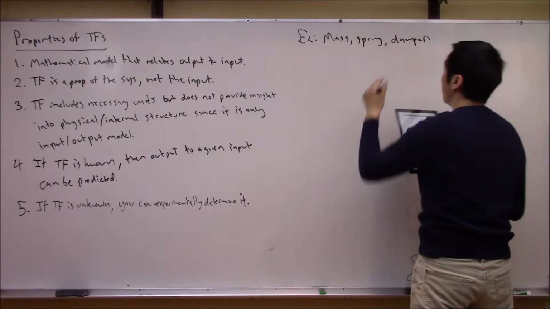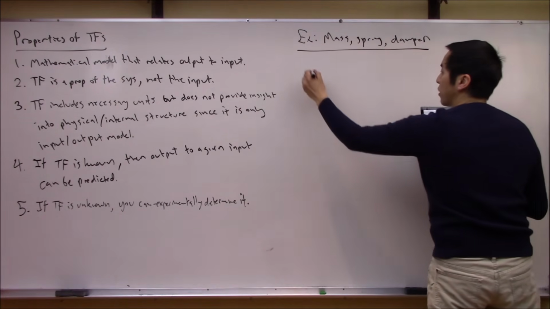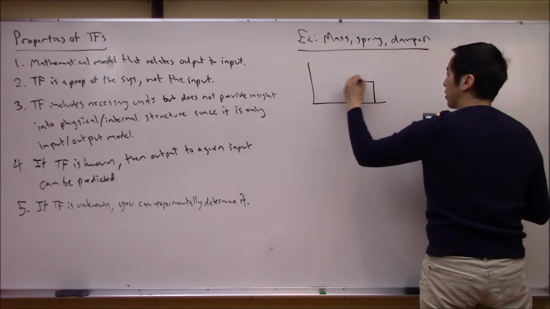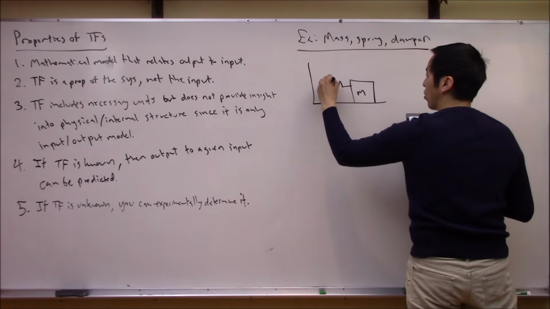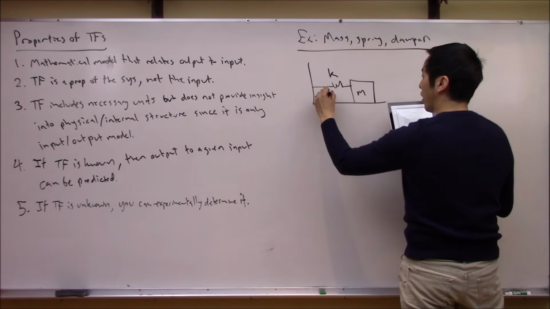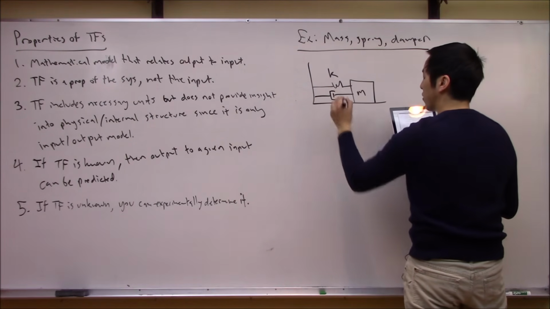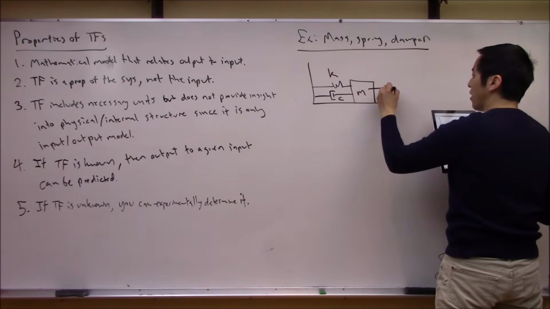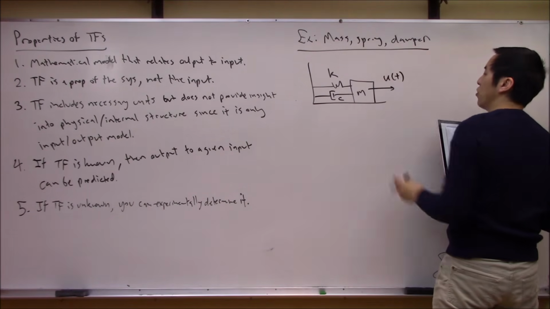I've assumed you've seen this so much that I don't need to go into great detail, but say you've got some mass hooked up to a wall through a spring, K, as well as a viscous damper with viscous damping coefficient C, and let's say that you can apply a force on this thing, u of t.